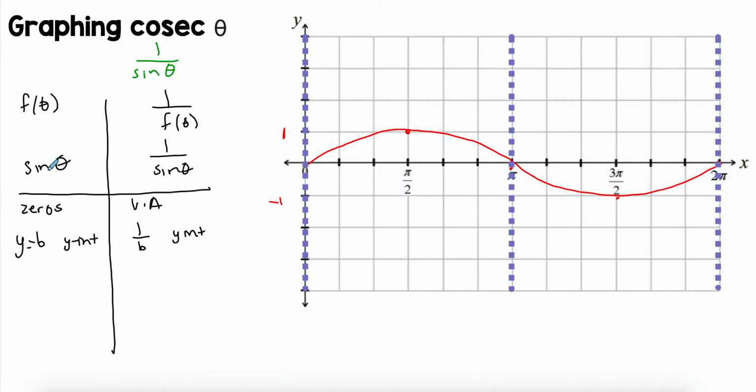So where is the y-intercept here? It's 0. So 1 over 0 is undefined. This y-intercept becomes the vertical asymptote. But I do want to put it there just in case you're doing other reciprocal functions.